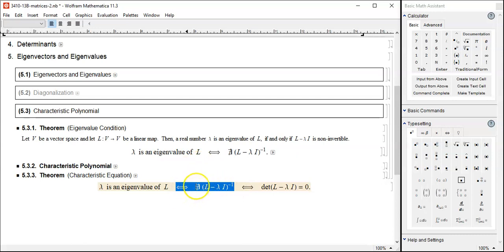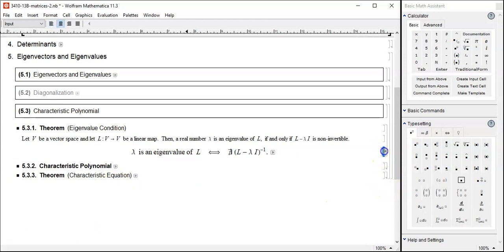If we prove that, then non-invertibility is the same as the determinant being 0, as we saw before and proved in linear algebra class. We have this equivalence. Lambda is an eigenvalue means that in place of t we have this lambda, so lambda is a solution of the characteristic equation. So it all boils down to this. If we prove this equivalence, then everything is fine.